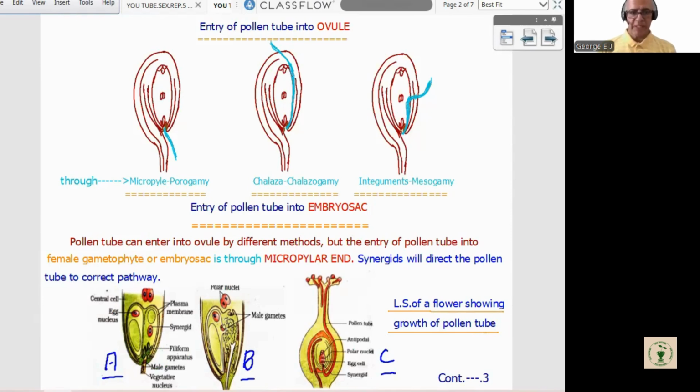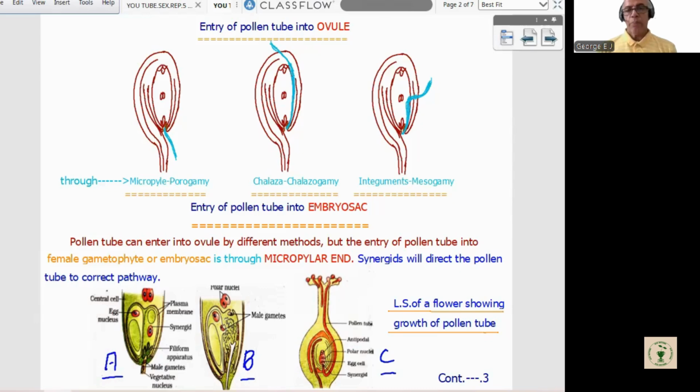That is the normal passage and the phenomenon is called porogamy. Other is through the chalaza. It is called chalazogamy. And the third one is through the integuments. It is called mesogamy. So this is how the pollen tube enters the ovule. Three passages are possible: through micropyle, through chalaza, through integuments. Porogamy, chalazogamy, and mesogamy.